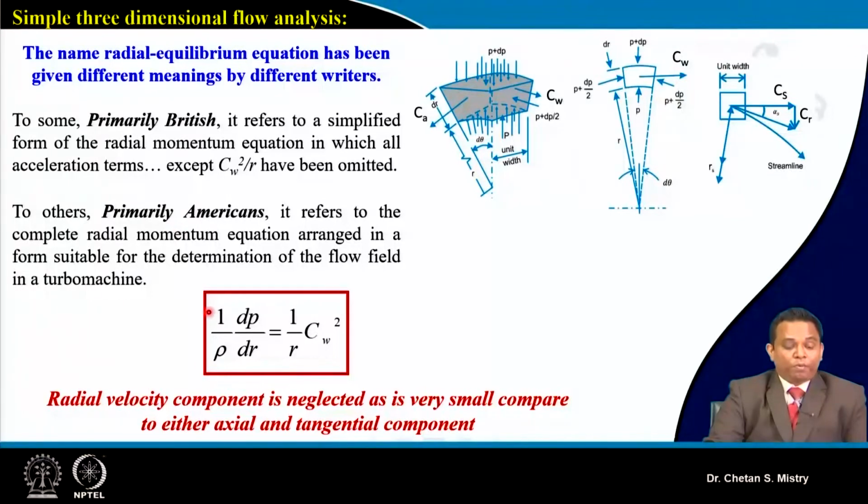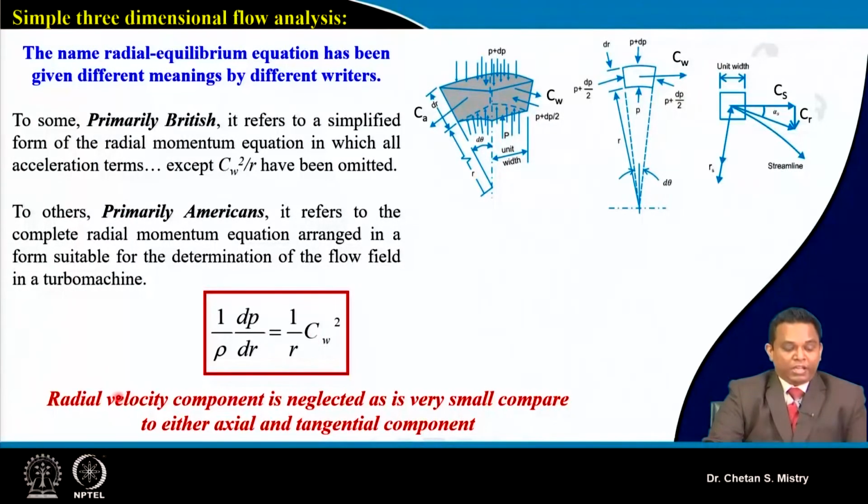So now here, this is my fundamental equation, which we call the radial equilibrium equation. Now you might be surprised: we started by talking about our radial velocity component, and we are interested in analyzing our flow for three-dimensionality, yet in this equation nowhere do we get Cr.